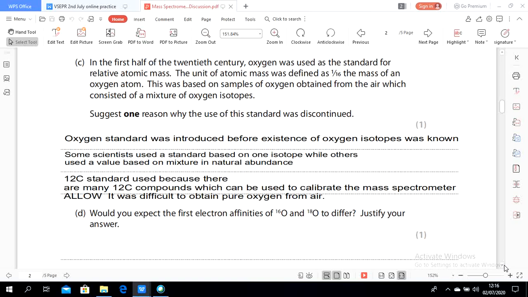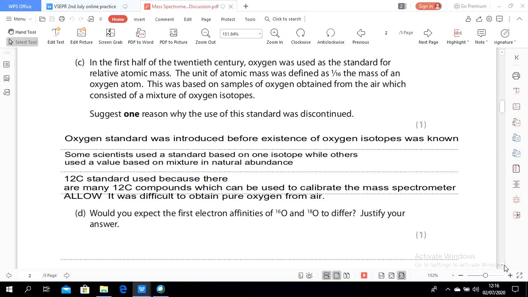Now, next, how would you expect the first electron affinities of oxygen-16 and oxygen-18 to differ? Oxygen-18 and oxygen-16 are isotopes of oxygen because they have the same proton number and different neutron numbers.